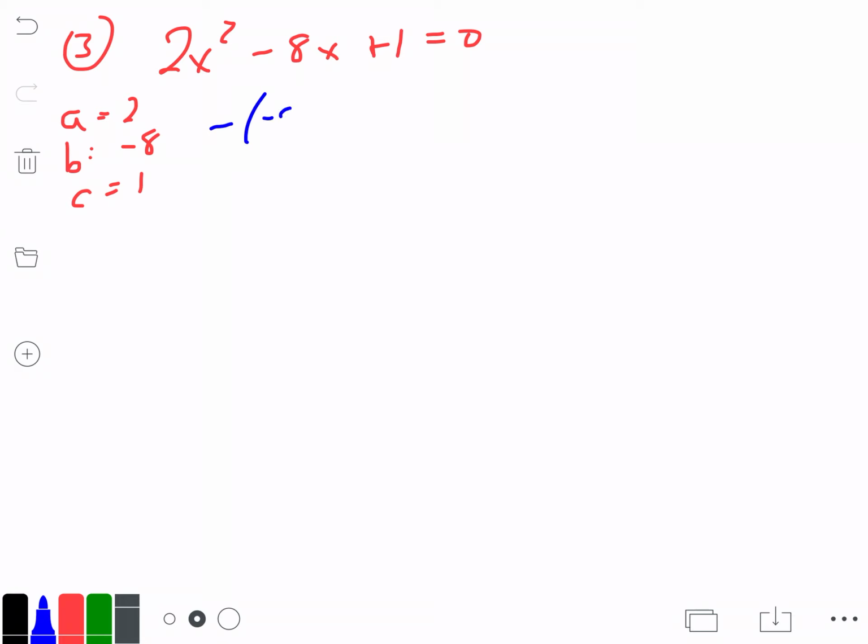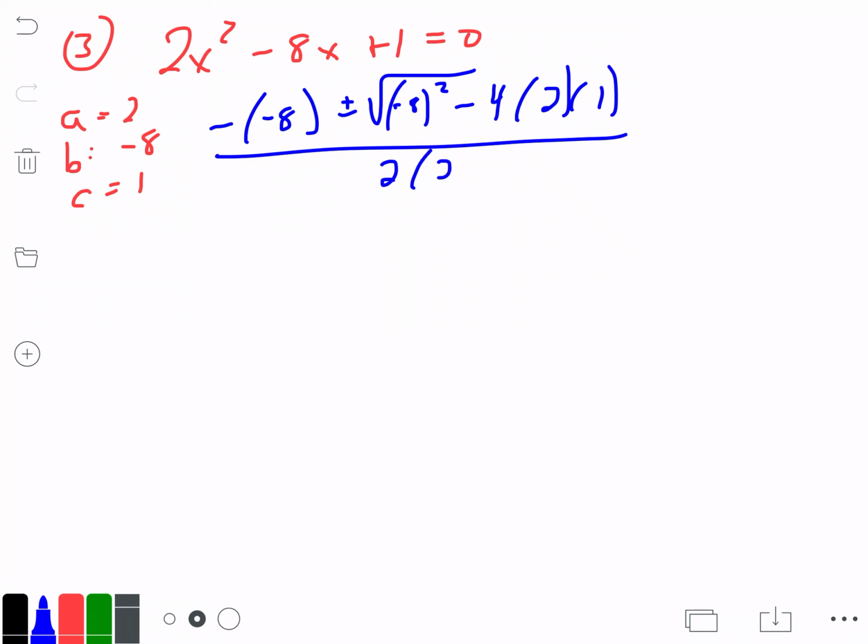Negative b, negative negative 8, plus or minus the square root of negative 8 squared minus 4 times 2 times 1, divided by 2 times 2. So you're going to simplify to 8 plus or minus the square root of 64 minus 8, which is 56, divided by 4.